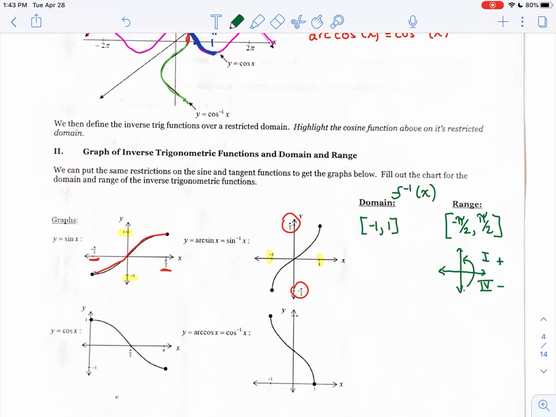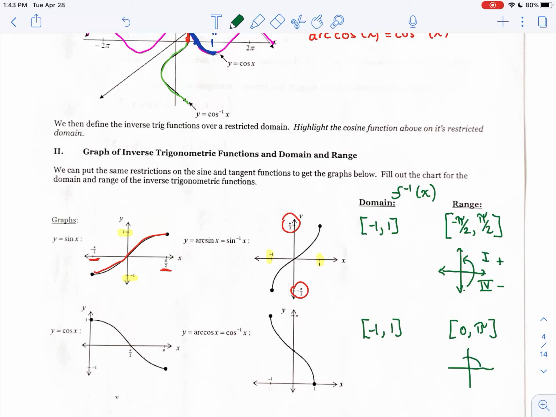Now, if we take a look at cosine, the restrictions on there would be what we had discussed above, 0 to pi becomes 0 to pi for the range. So for the range, we have 0 to pi. What was the range of -1 to 1 is now the domain. So same as sine.